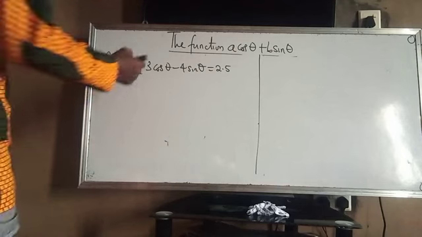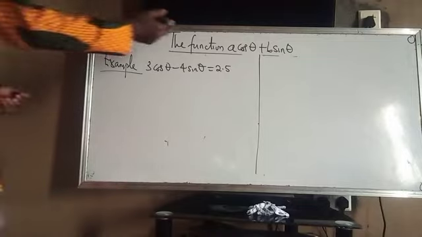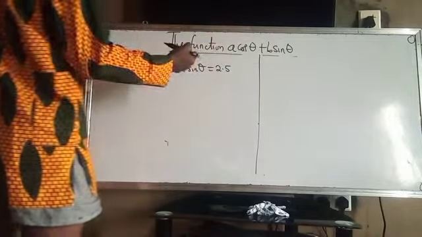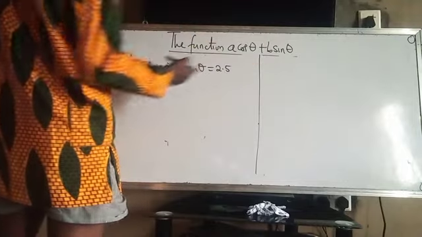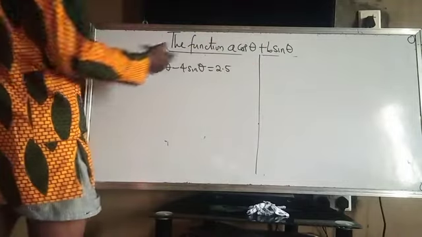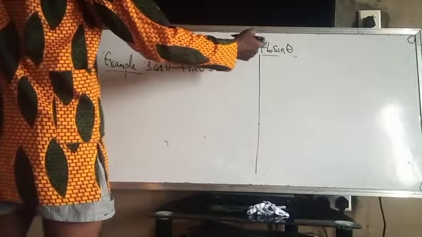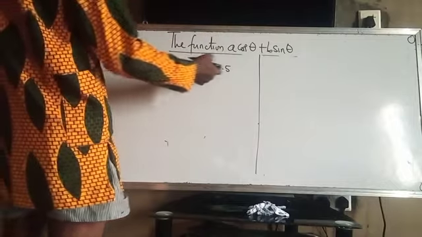That's the question. Now, if you look at this question, it works closely with this function, a cos theta plus b sine theta. So a here is 3, and b is minus 4.